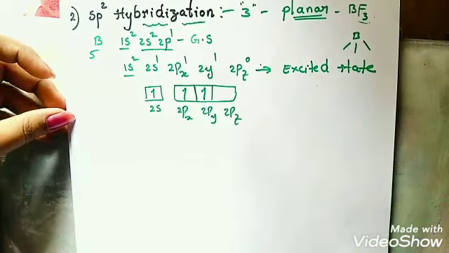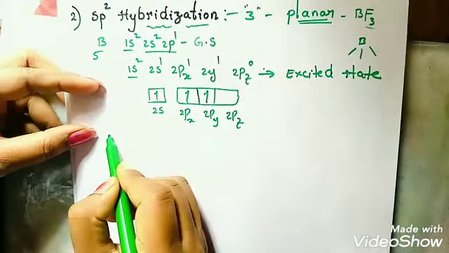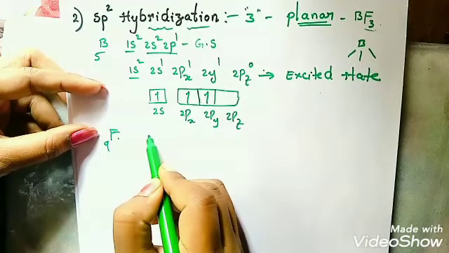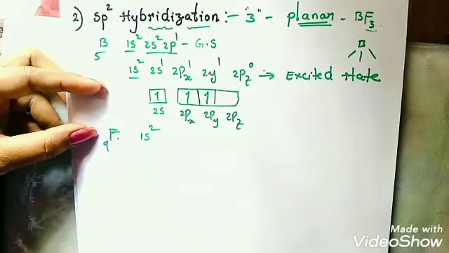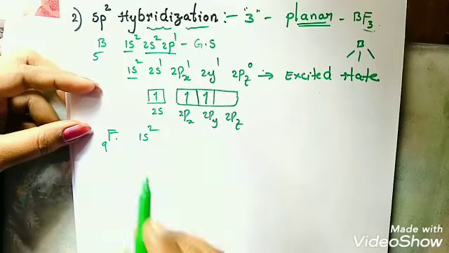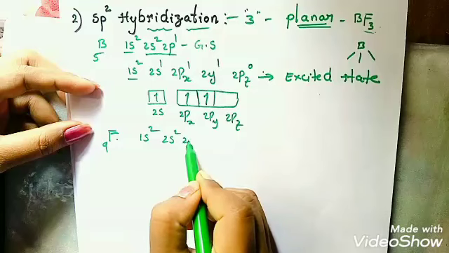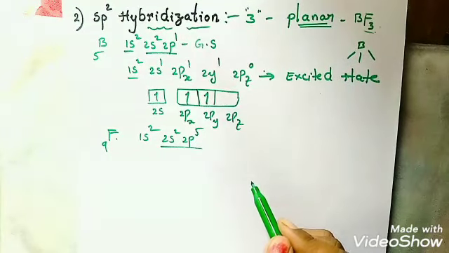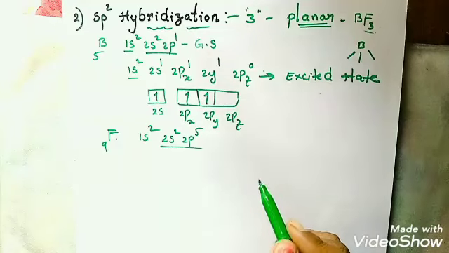So students, let's write the fluorine electronic configuration, as we did in the previous. The electronic configuration is 1s2, 2s2 and 2p5. So students, the valence electrons are 7 here.